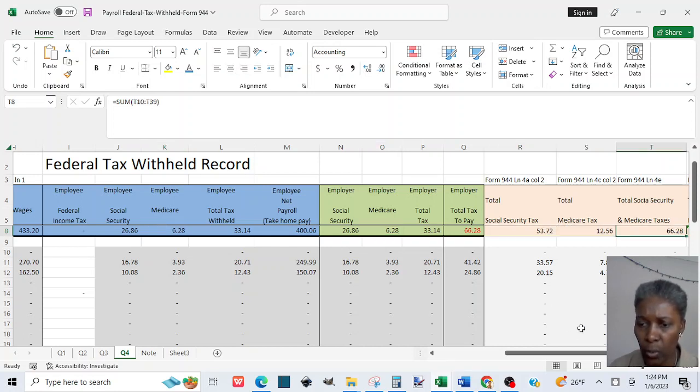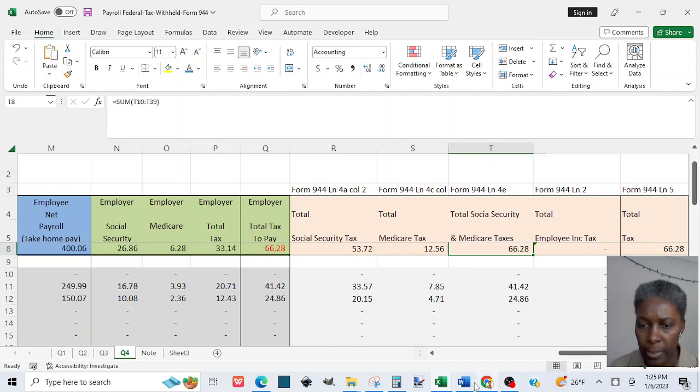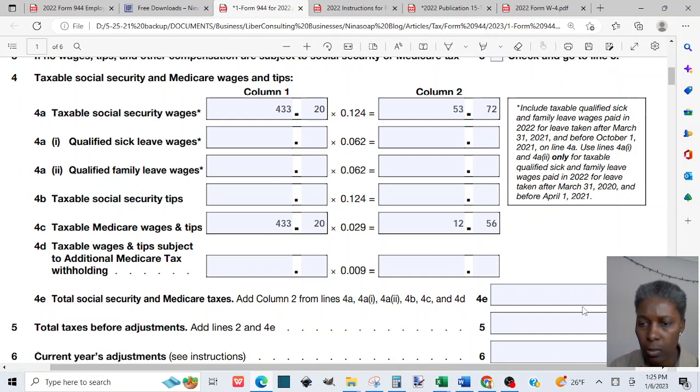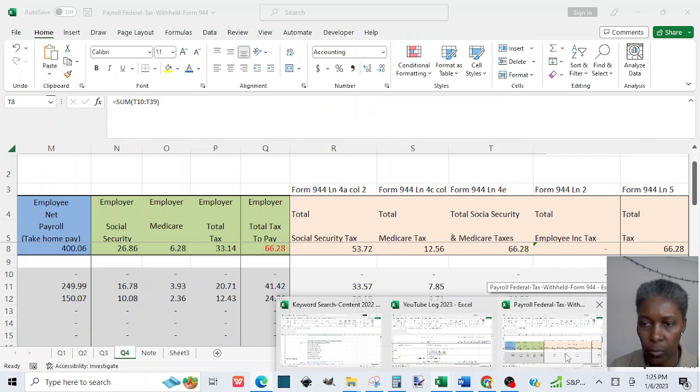So that number we will add to line 4E, 6628. And we need to double check to make sure, yeah, we got it.